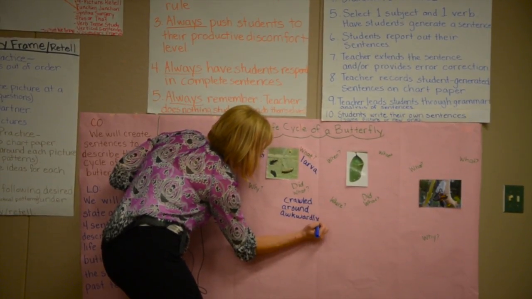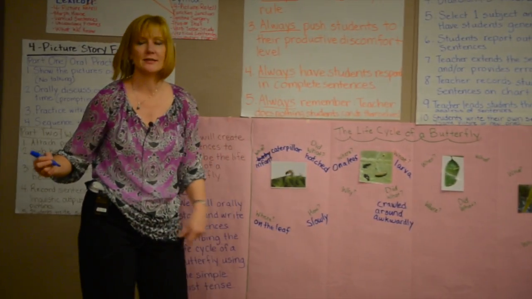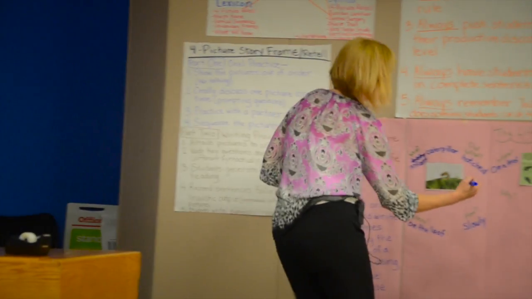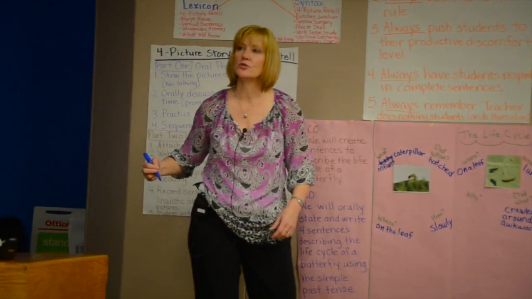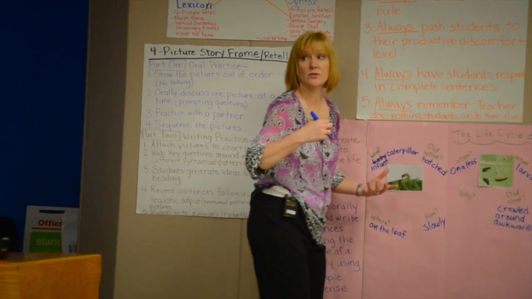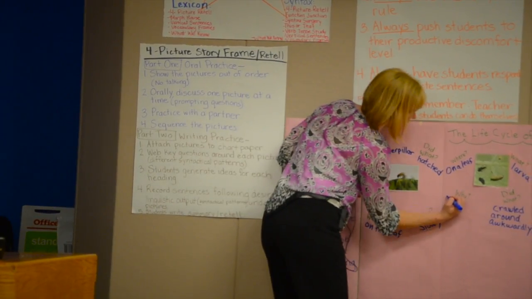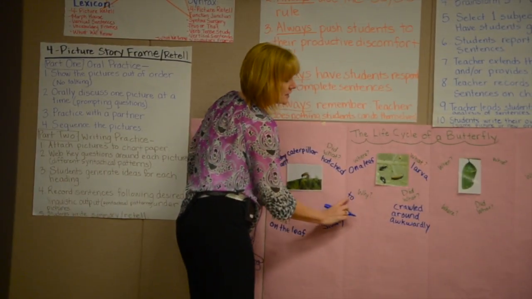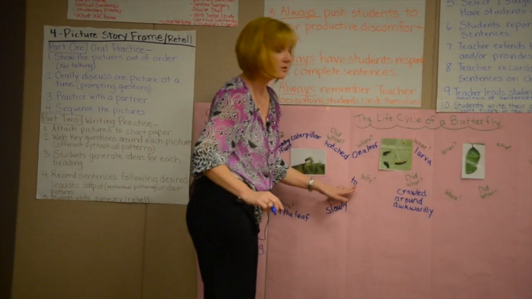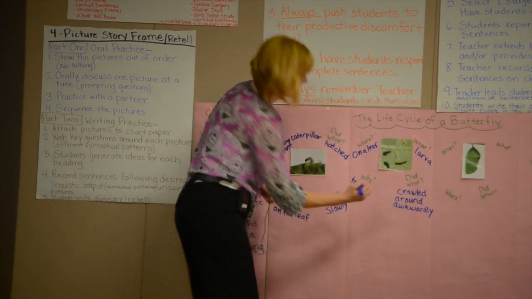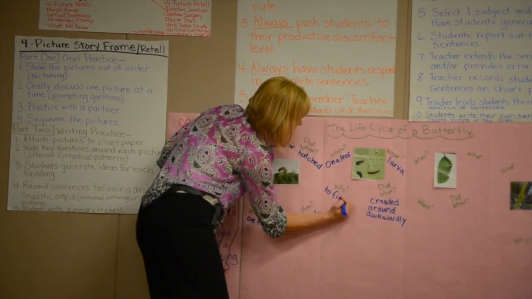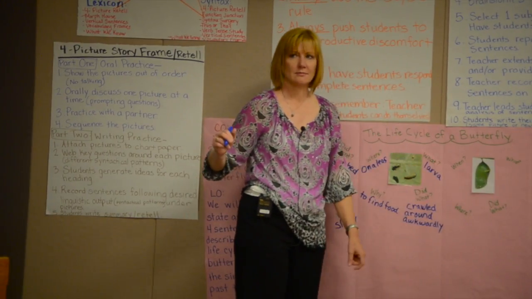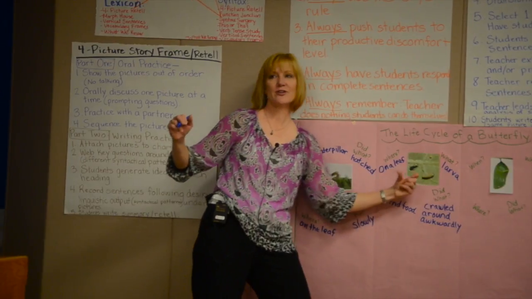Awkwardly. Did I spell that correctly? Thank you. Why did it crawl around awkwardly? Okay. So what did it crawl around to do? To look for food or to eat? Want to leave it to eat? Or how do you want to say it? We are in the past tense. But here we're saying why. So crawled around awkwardly to find food. Okay. All right. When? So after.